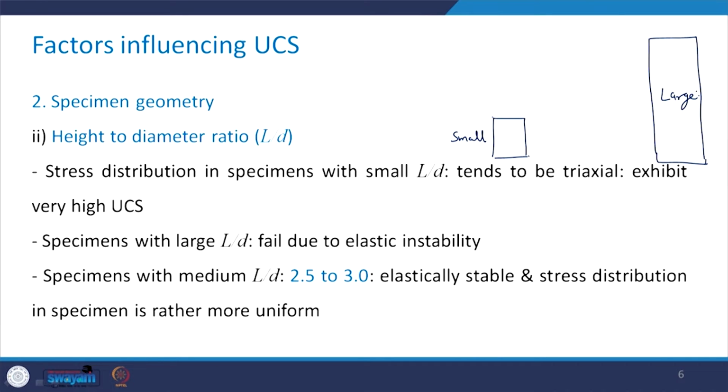When it is small, what will happen? Again, there is going to be some friction. You cannot eliminate that friction completely, we just try to minimize it. Because the loading is applied here, instead of uniaxial compression, the stress distribution in this specimen is going to be triaxial.